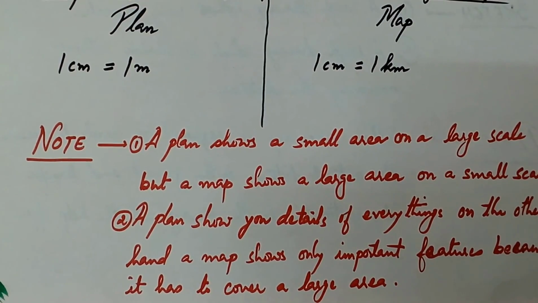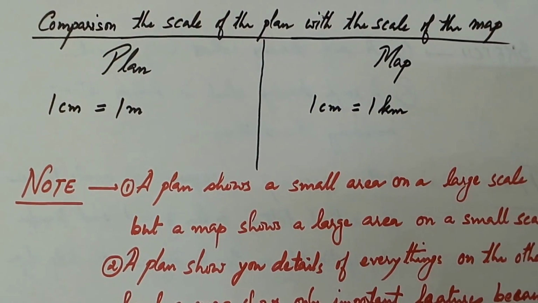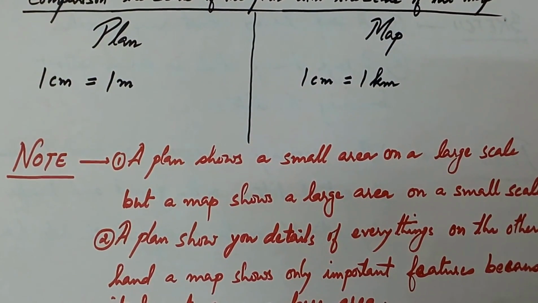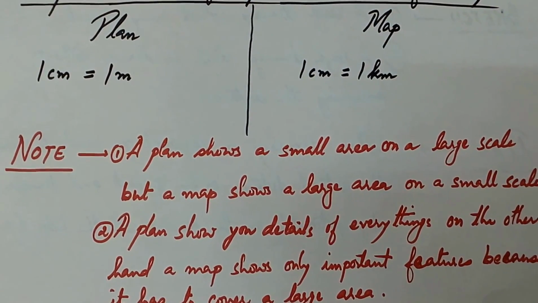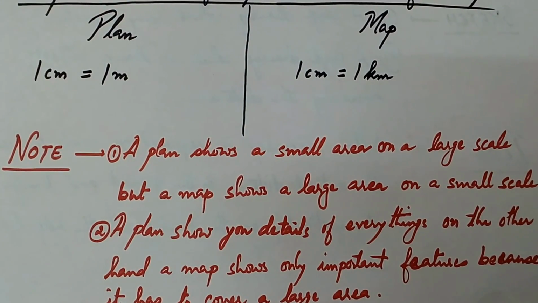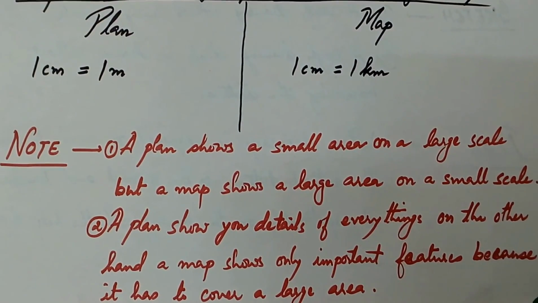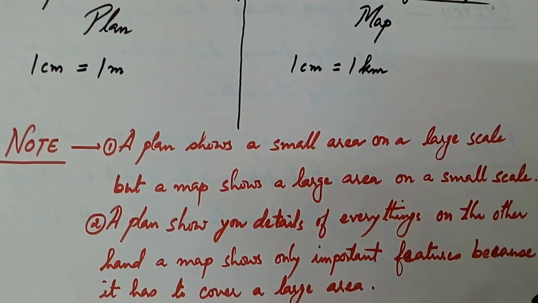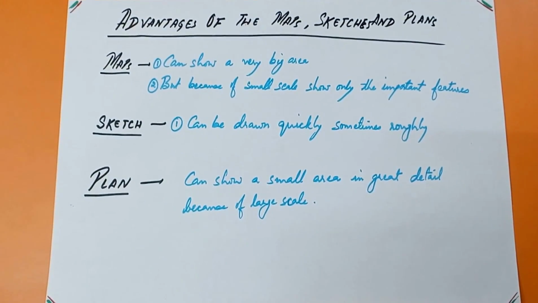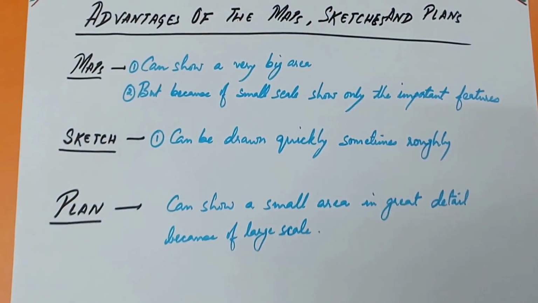Note: a plan shows a small area on a large scale, but a map shows a large area on a small scale. Plan shows you details of everything. On the other hand, a map shows only important features because it has to cover a large area. Advantages of the maps, sketches and the plans.